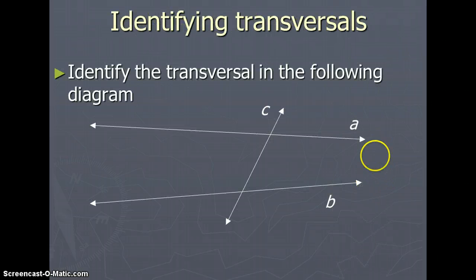If we look at our diagram here, we've got these two lines, A and B, and then we have another line, C, that's intersecting both of those. That line C, right here, is called our transversal. That's the line that intersects both A and B.